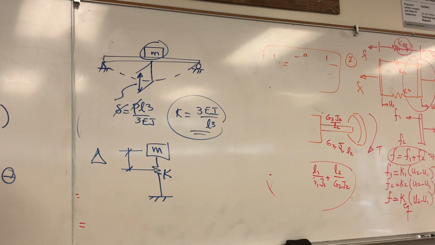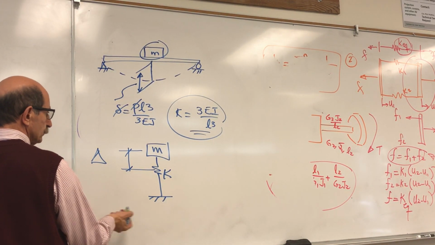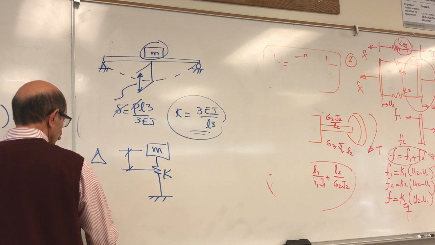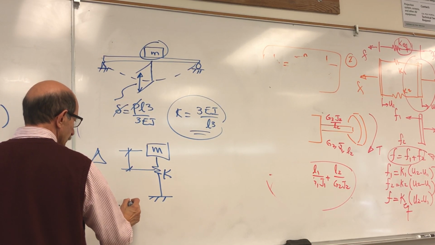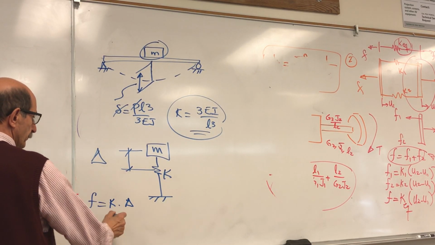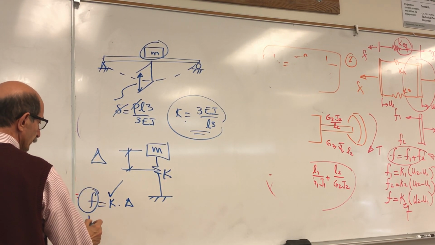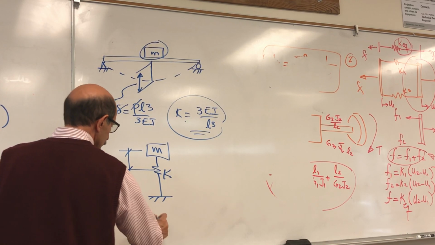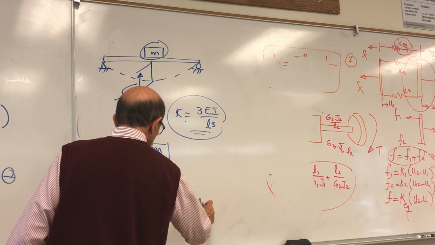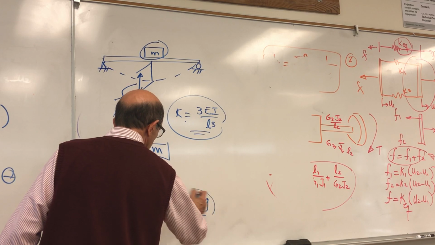That's what the problem is asking you. So force is K times displacement, you have K from here, and your force is mg. So delta would be mg divided by that K.